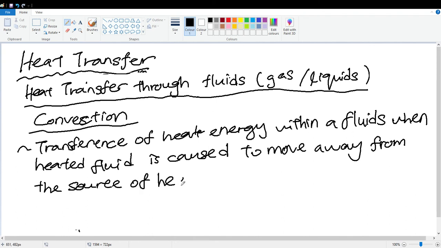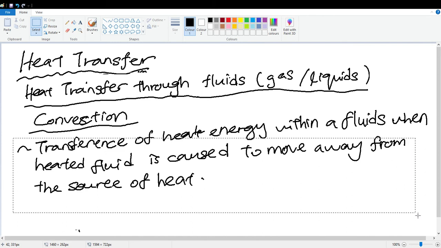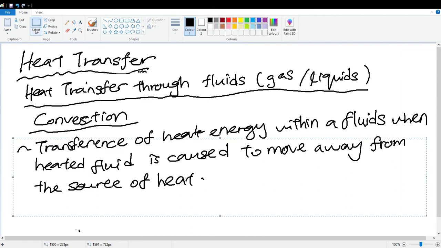So this is the definition for convection. Convection is the transference of heat energy within a fluid when heated fluid is caused to move away from the source. Convection can basically be divided into two forms.